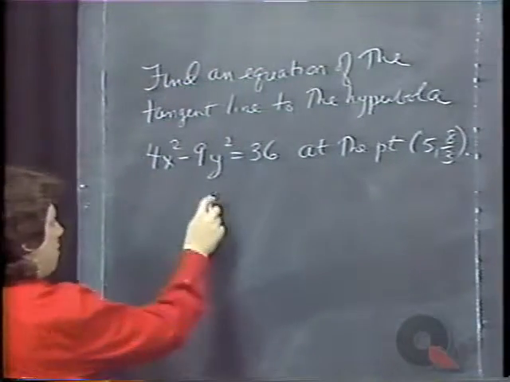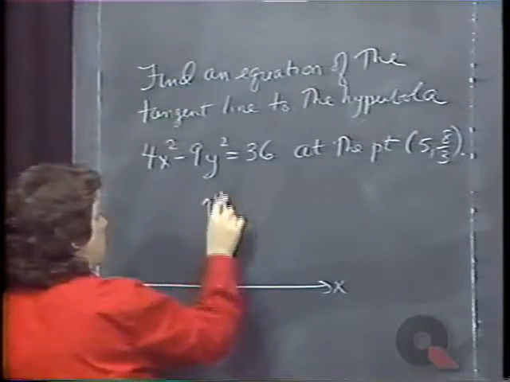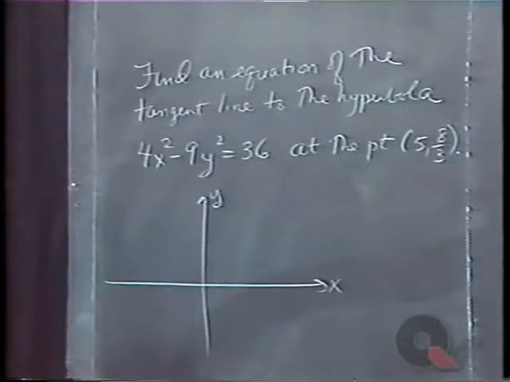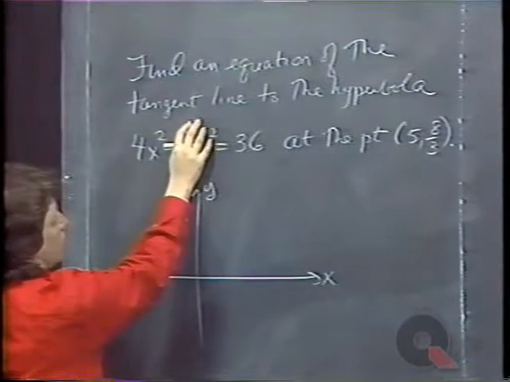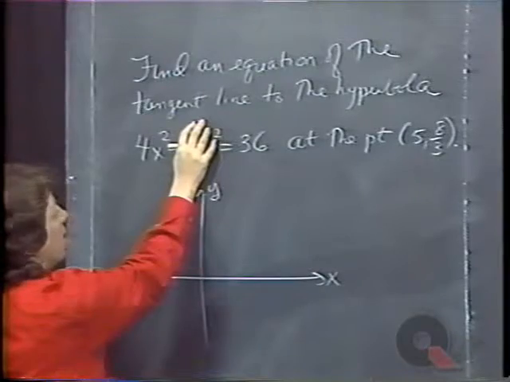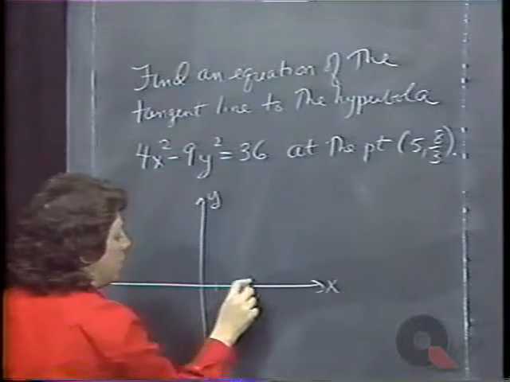All right, we have a hyperbola here. Let's see. If y is 0, what are the x-intercepts? 4x squared equals 36, x squared equals 9, x equals plus or minus 3.